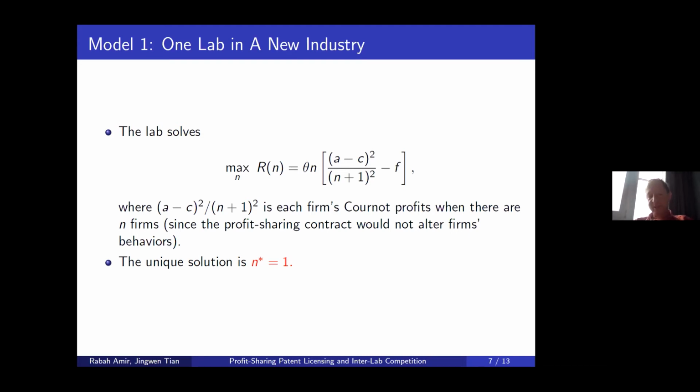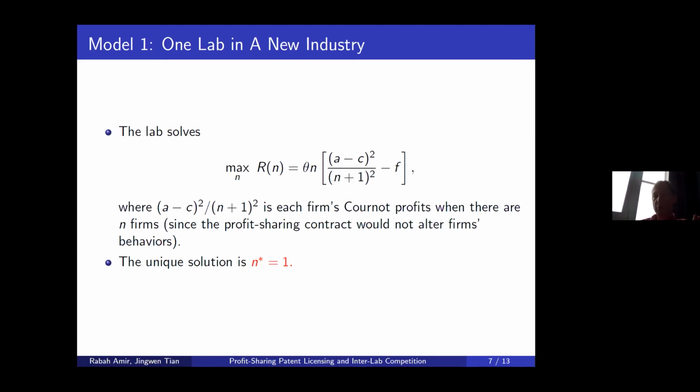So it will sell to a single firm and collect theta of the monopoly profits. This is a very simple observation: if we start with a single lab and no existing firms in the industry, we get monopoly. So licensing in this style for a new industry product innovation leads to monopoly directly.